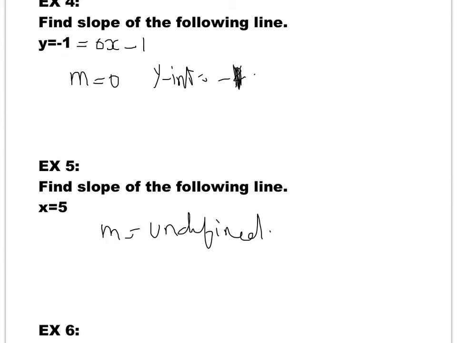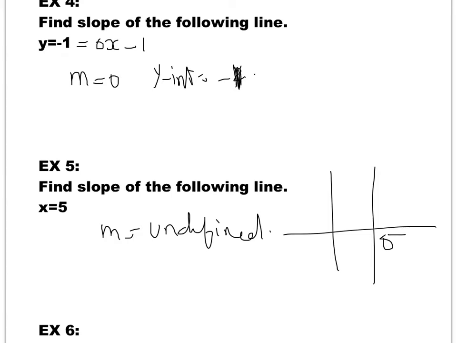Now, you will see when we start plotting this in a few minutes that this line looks like this. This is x equals 5. Here is 5. This line is going to be parallel to the y-axis. Now, looking at this line, what is the y-intercept? There is no y-intercept. So the slope is undefined, and there is no y-intercept.